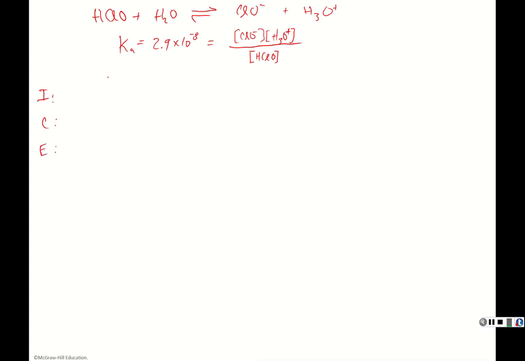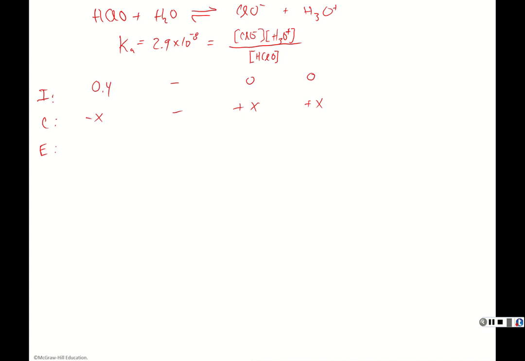So our initial for hypochlorous acid is 0.4 molar. H2O again, we don't need to consider that one. And we have zeros for both of those. The change, again, is going to be minus X. We're going to lose some because it'll dissociate. And that will mean we gain an equal amount of both of these products because it's a 1-to-1 ratio for both.